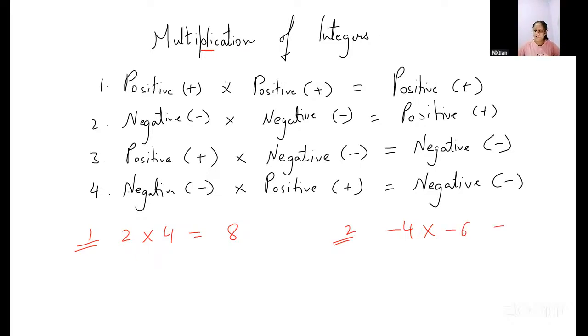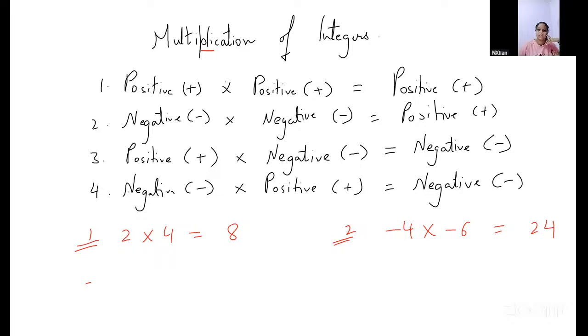Minus 4 into minus 6. First, forget the signs and just do 4 into 6. How much is it? 24. Okay. And then we have minus and minus, and minus minus is what? Plus. So 24 will be positive.